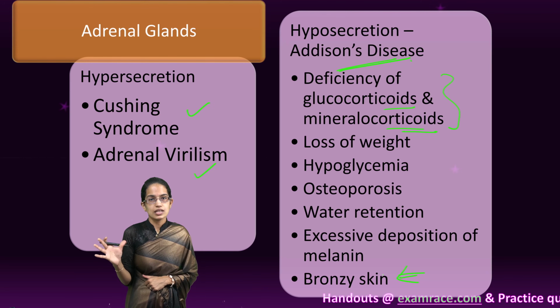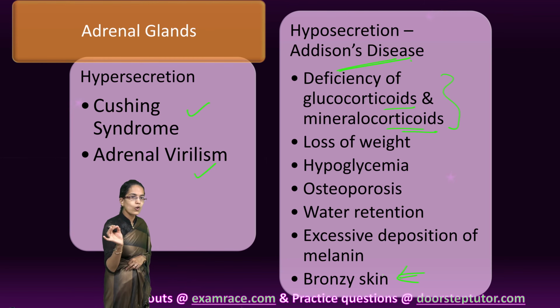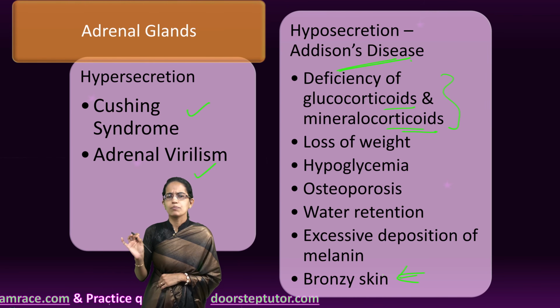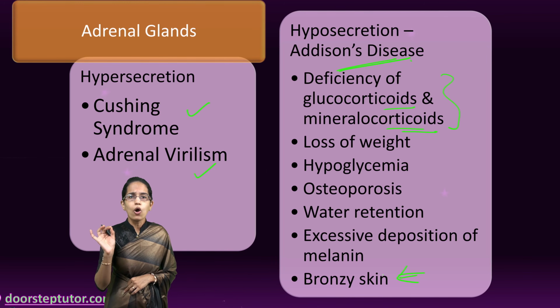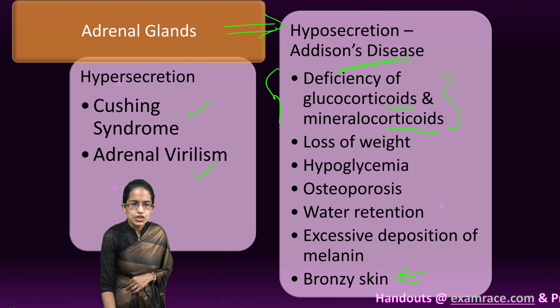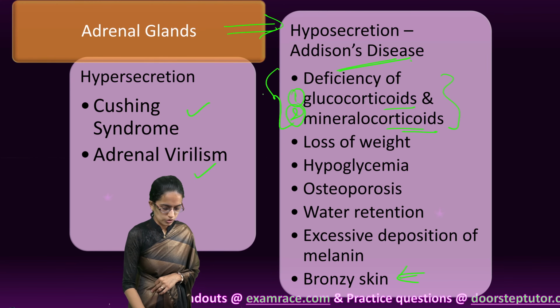So, bronze colored skin is one of the very important markers of Addison disease. Very important to note. The most important symptom of Addison disease, which is due to hyposecretion by adrenal glands, is the deficiency of two hormones, glucocorticoids and mineralocorticoids.